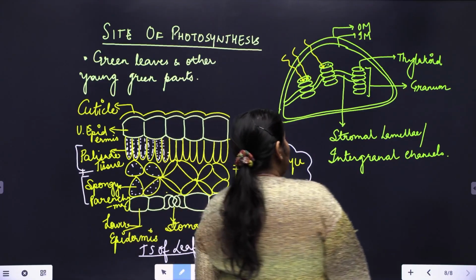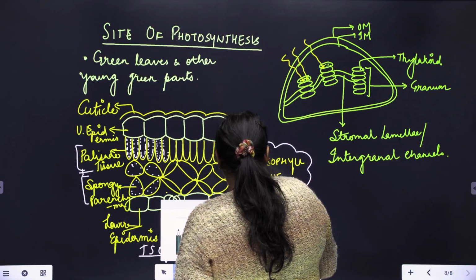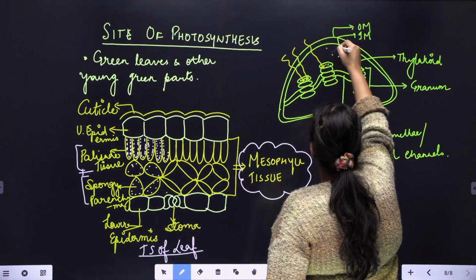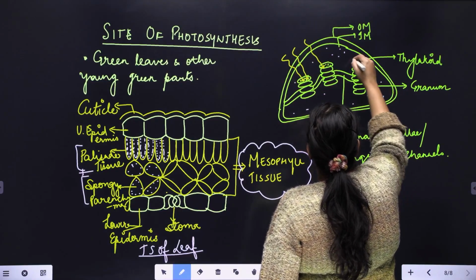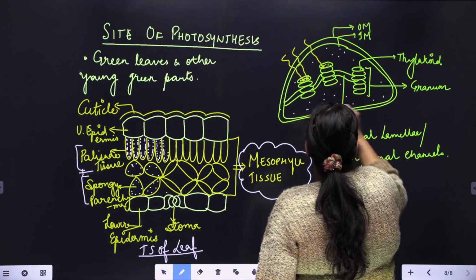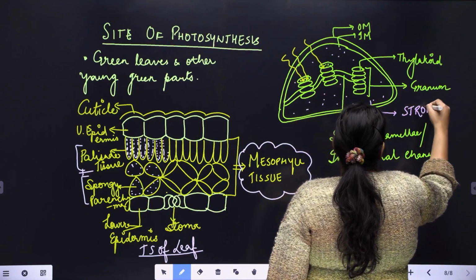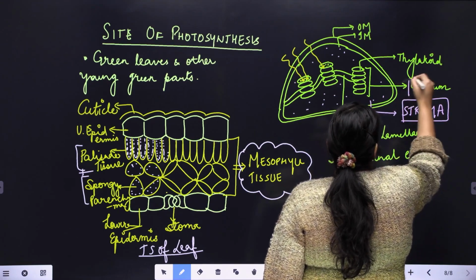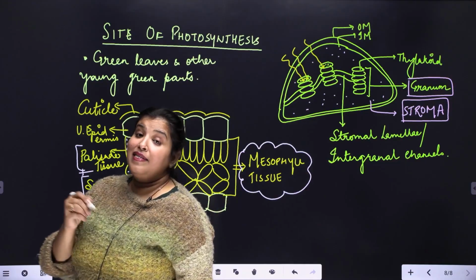Now, what is still missing in this diagram is the fluid part. There is a fluid part present, and this fluid part is known as stroma. The matrix of the chloroplast is known as stroma, and the membranous part of the chloroplast is known as grana.